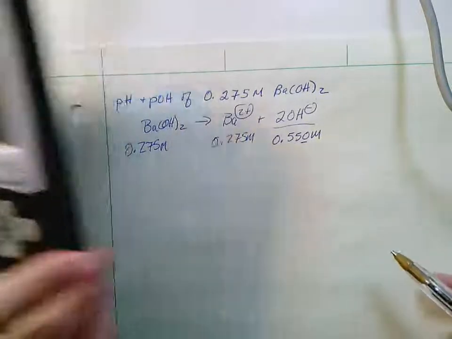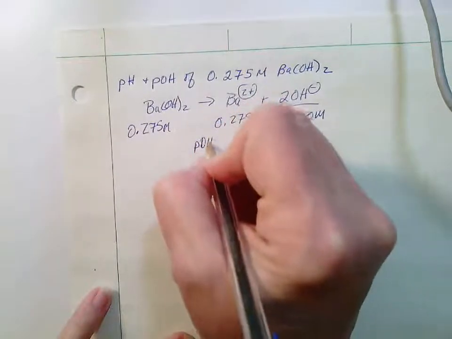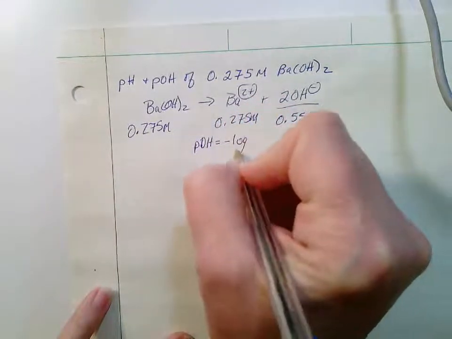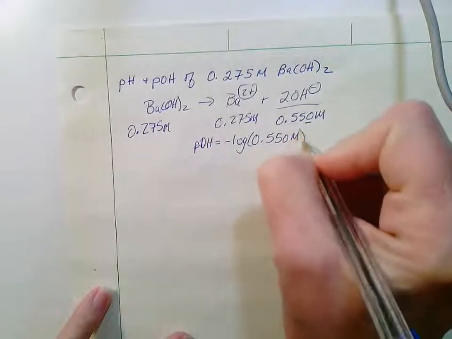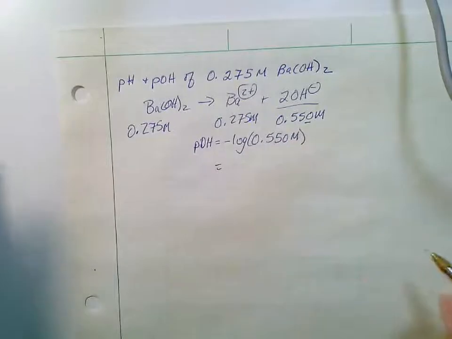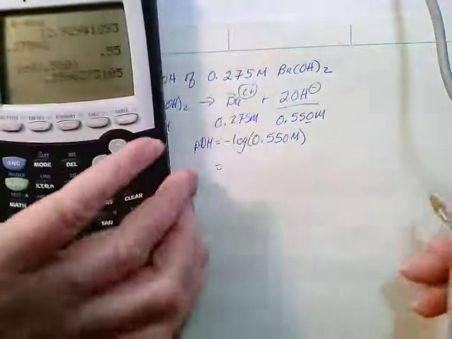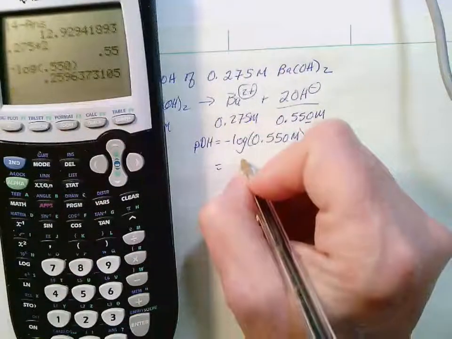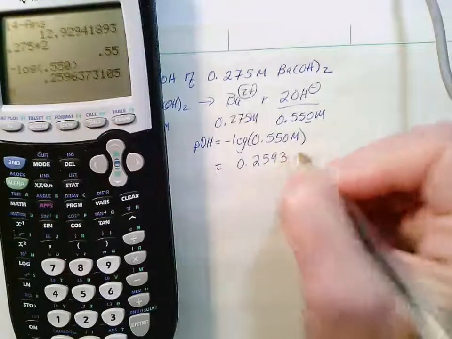It's just 2. So now my pOH is going to equal the negative log of 0.550 molar. And when I do that math, negative log 0.550 equals, and I get that my pOH equals 0.2596.